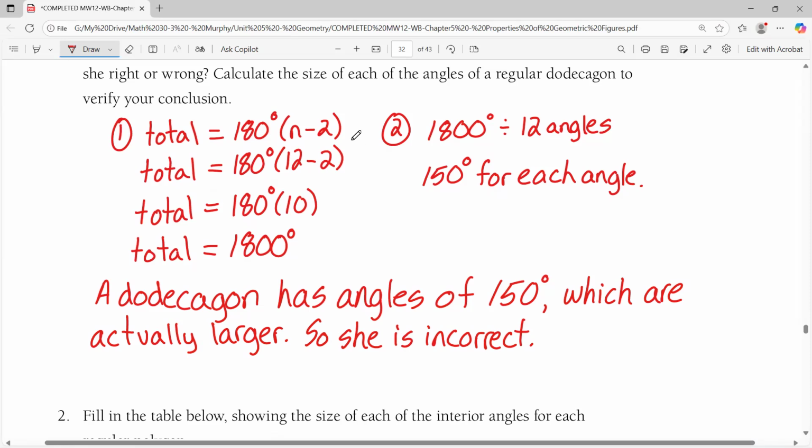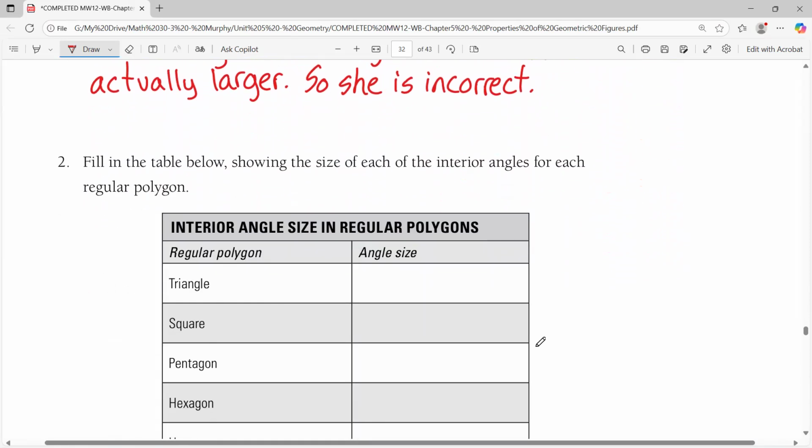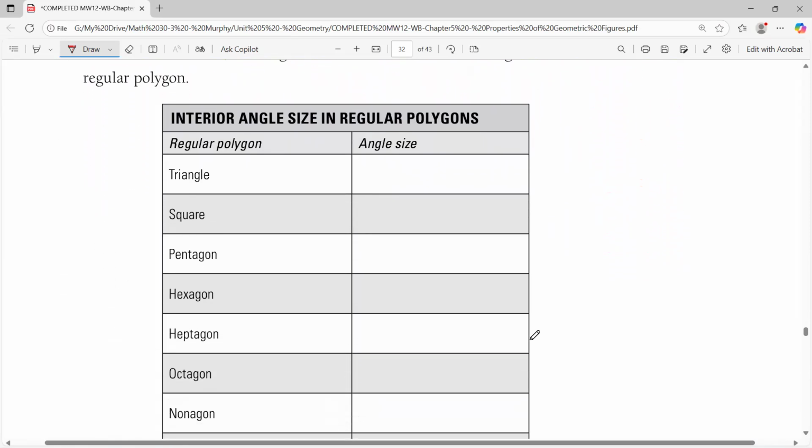Okay. Fill in the table below, showing the size of each of the interior angles for each regular polygon. And for a triangle with all sides being equal and all angles being equal is 60. We know that from equilateral. A square is 90 degrees, each of them, if all the sides were the same length.